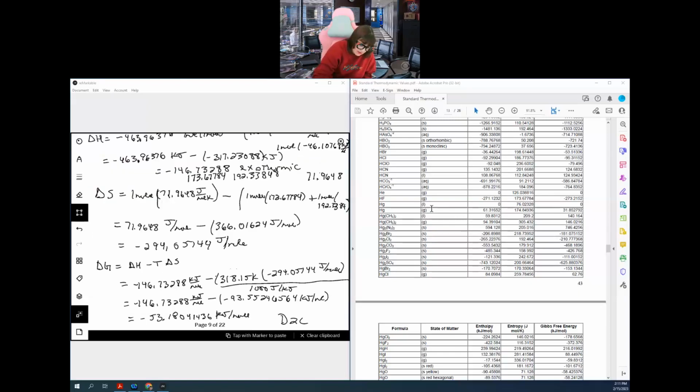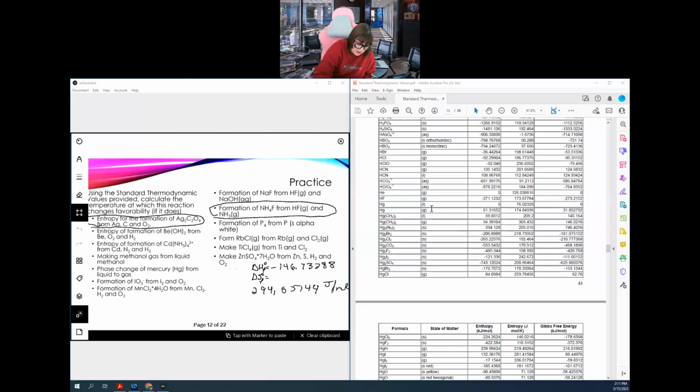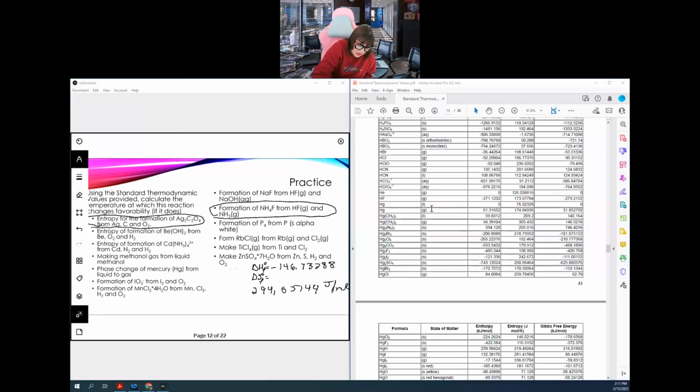So I thought it was negative. It is. I didn't catch the negative. Awesome. See, this is what I mean about checking our signs. So, since it didn't fit very well, negative 294.05144 joules per mole, and this is kilojoules per mole. So those are the two values for that one.